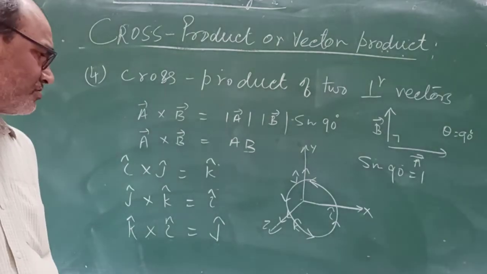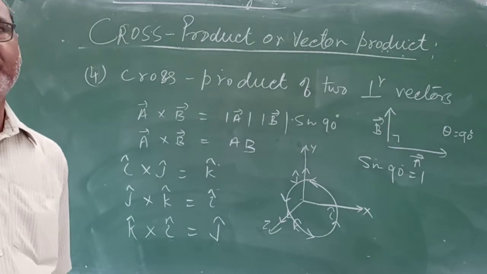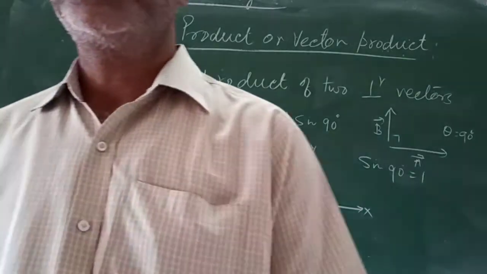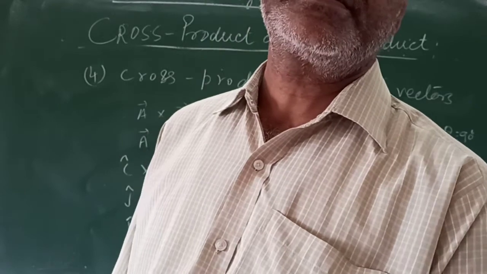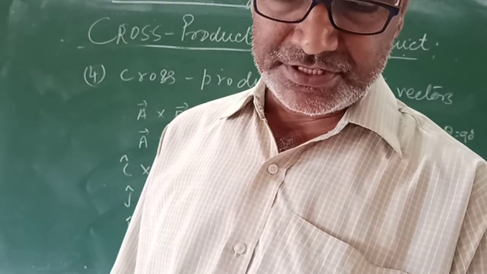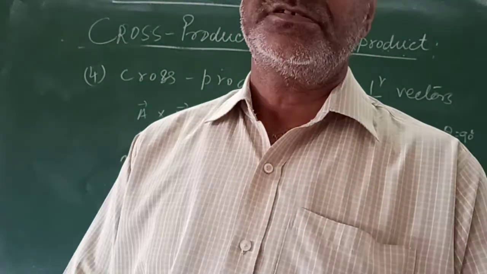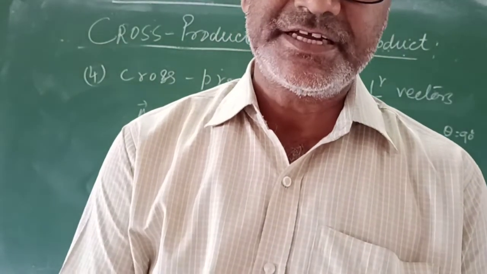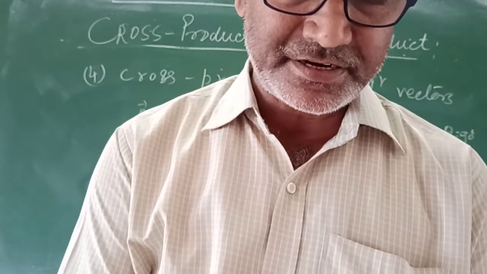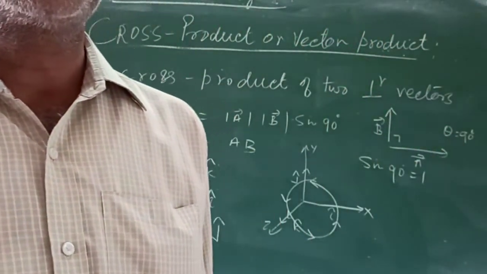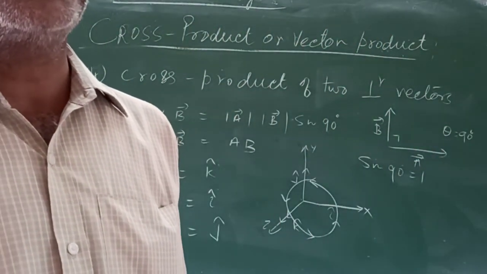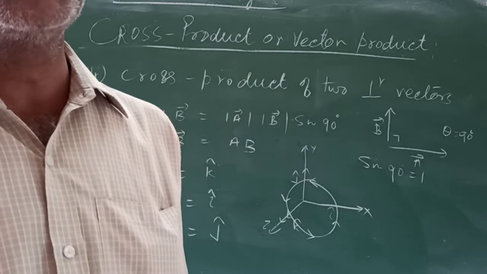Therefore, we can summarize: i cross i, j cross j, k cross k are all equal to 0. i cross j is equal to k, j cross k is equal to i, k cross i is equal to j.